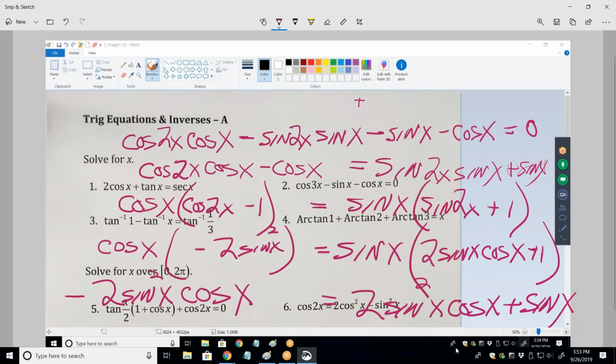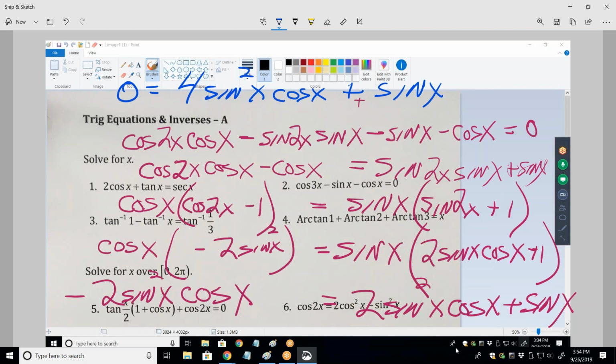I'll start writing in blue up top, since I ran out of room. 0 equals 4 sine squared x cosine x plus sine x. What I did was I moved the left side to the right, and so I ended up with 4 sine squared x cosine x, and I still have that plus sine x over there.